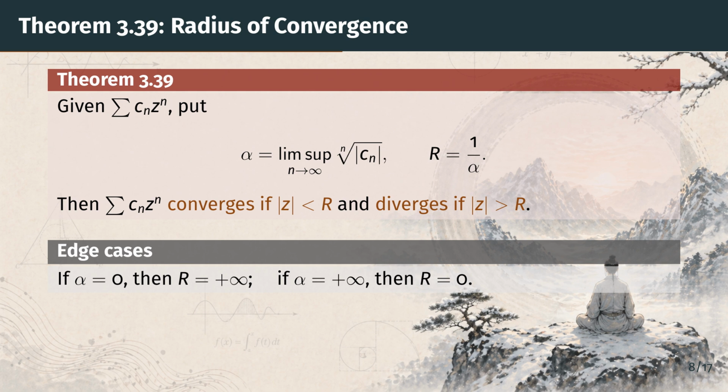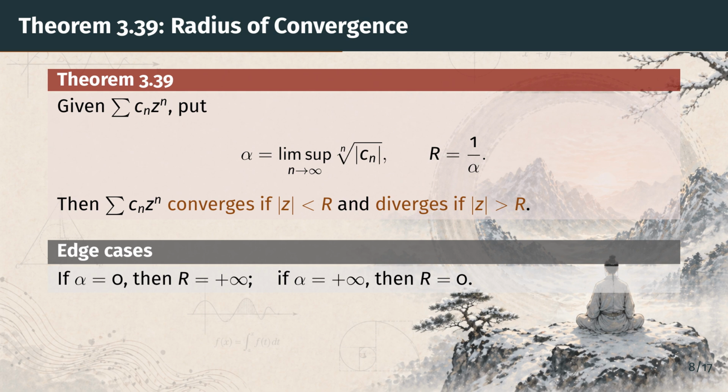Notice it depends only on the coefficients, not on z. Then r, the radius, is simply 1 over alpha. The conclusion matches the picture from before. The series converges whenever the absolute value of z is less than r, and diverges whenever it is greater.